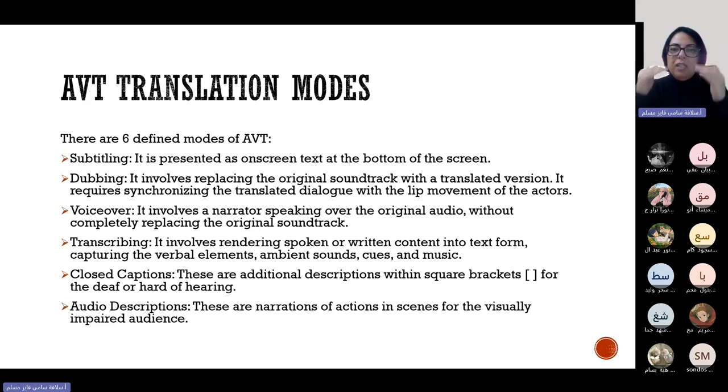So this type of transcribing is important when you need to translate the dialogues that are happening and the narrations that are happening in the series and movies.